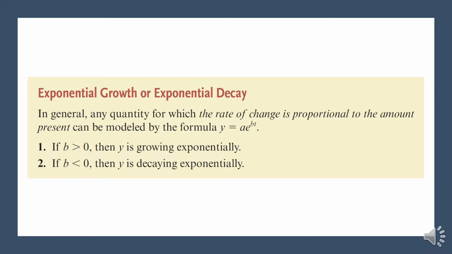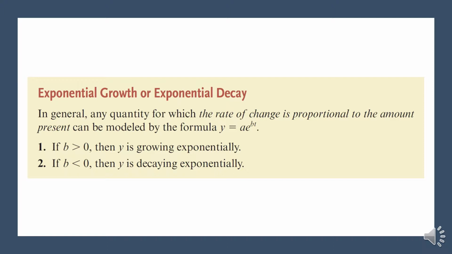Now, this model that we've been using, y equals a times e to the bt, can be used for exponential growth, or as we've seen in this video, exponential decay. So in general, it applies to any quantity for which the rate of change is proportional to the amount present.